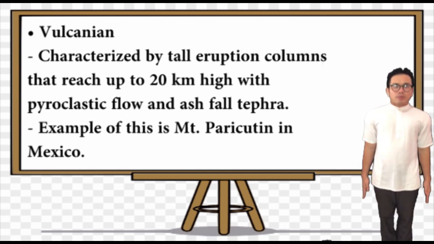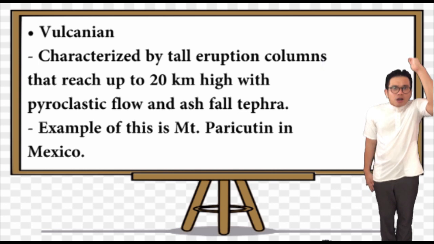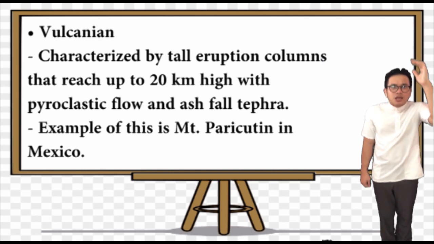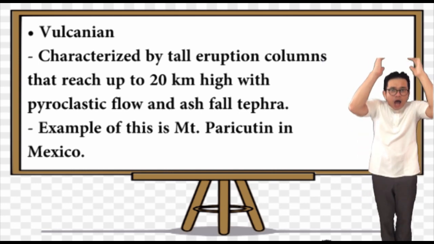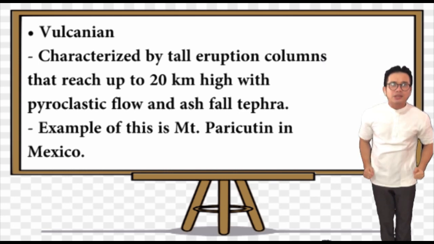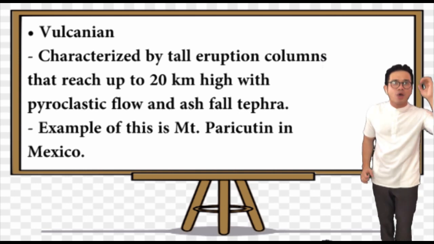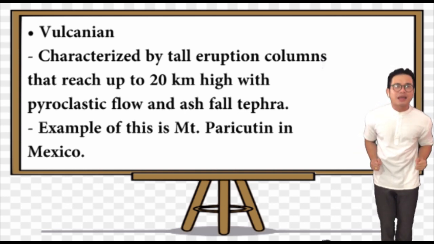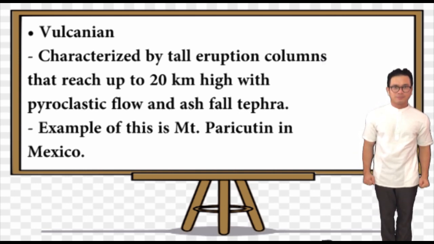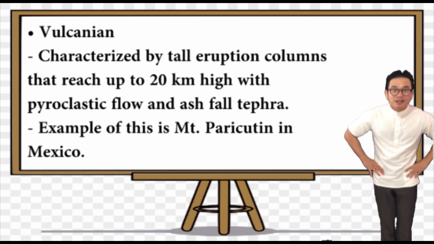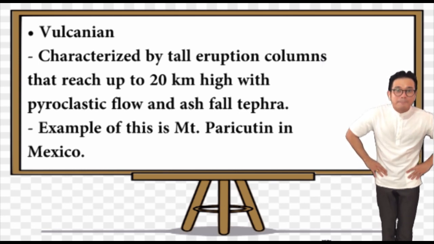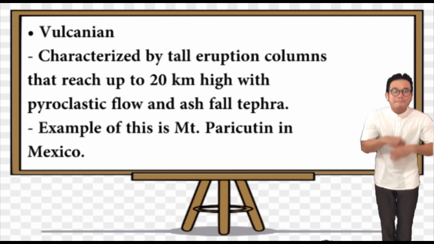It is characterized by tall eruption columns that reach up to 20 kilometers high with pyroclastic flow and ash fall tephra. An example is Mount Paricutin in Mexico.